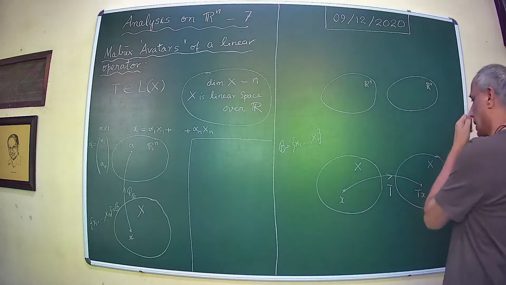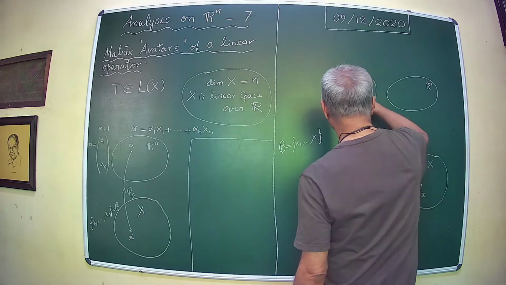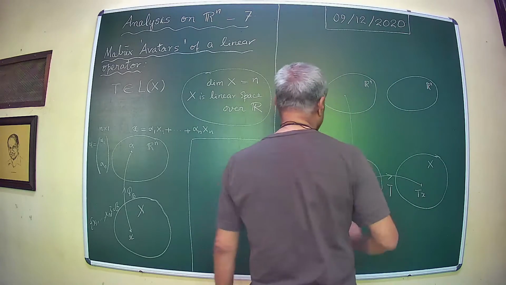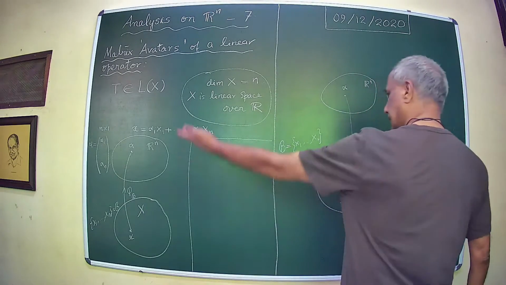Okay. Now what I have is, this has a unique column vector corresponding to it. Once you fix B, this is denoted by alpha, as I explained.